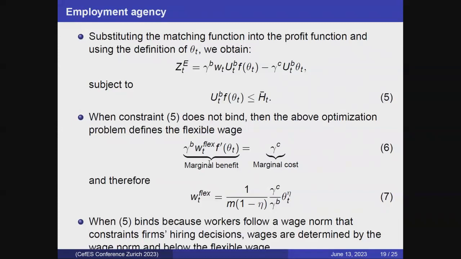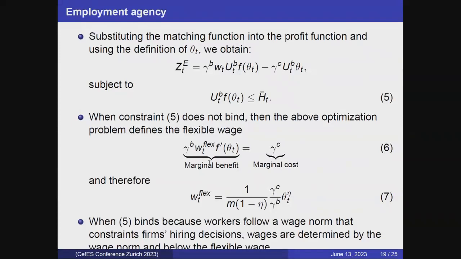Now, this is important because in this literature, wages are usually indeterminate. So there is this classical indeterminacy problem in the search and matching literature. Here, in some way, we solve it with this employment agency problem by letting this agency choose the vacancies. So at the optimum, this optimal vacancy rate is going to determine the relation between wages and theta.